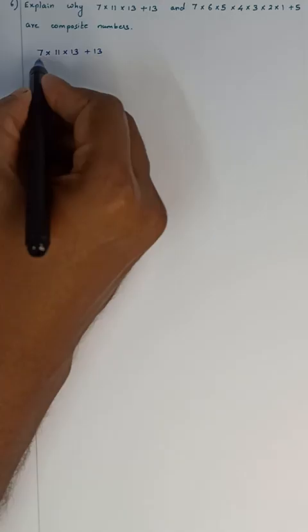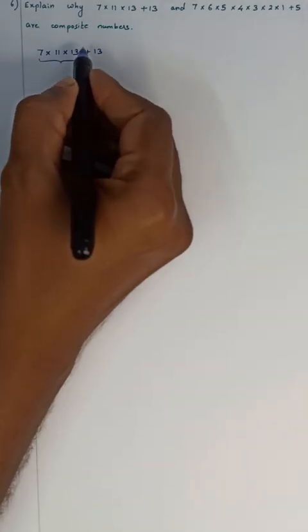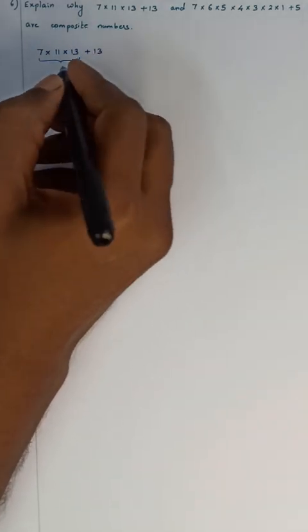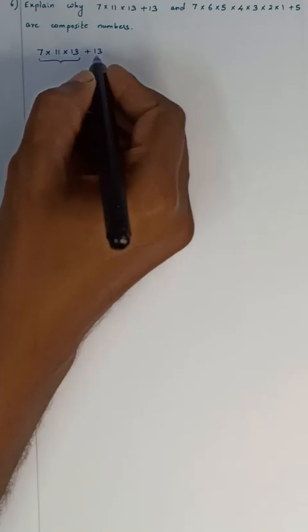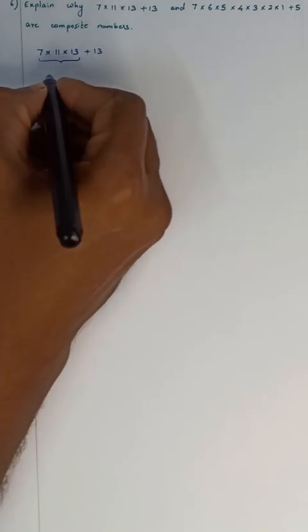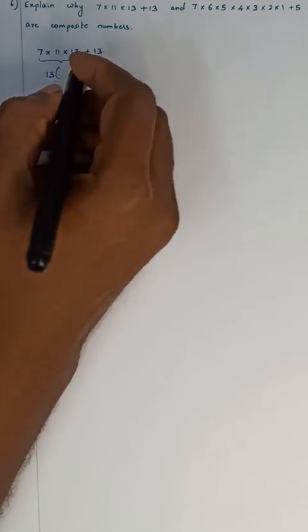We have to consider this as one number and this as one number. So we take 13 as the common multiple.